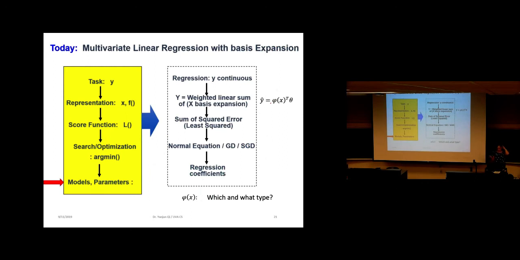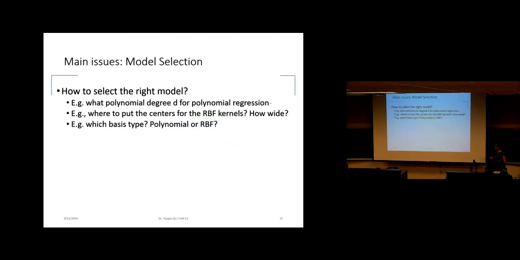Okay, so now we covered basis function-based linear regression. Everything is the same. The only difference is you change the x into phi(x). But there are a lot of design choices you have to make in designing the phi. Now, what's our issue here?